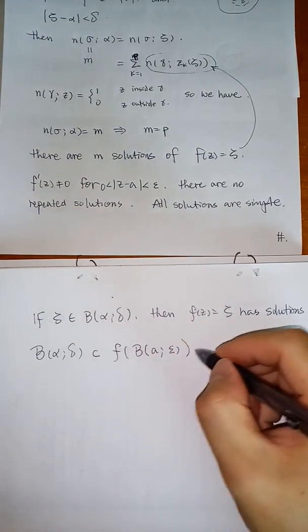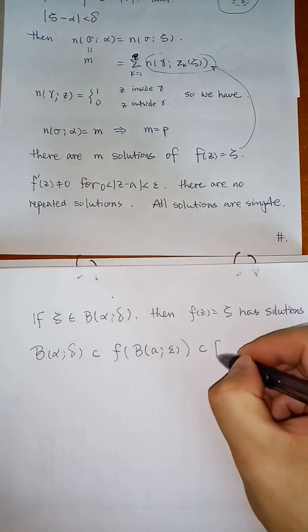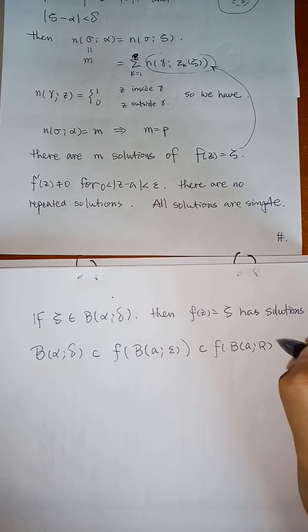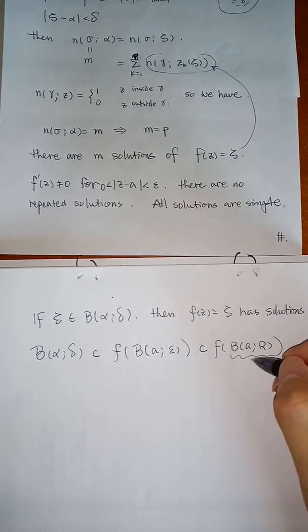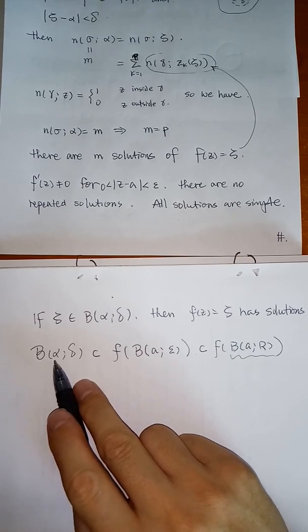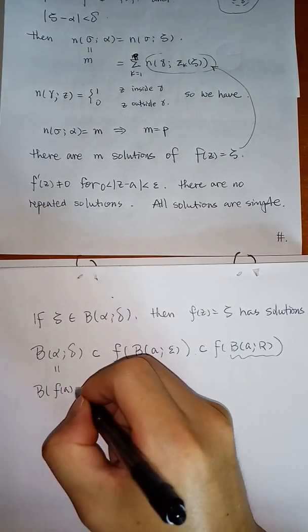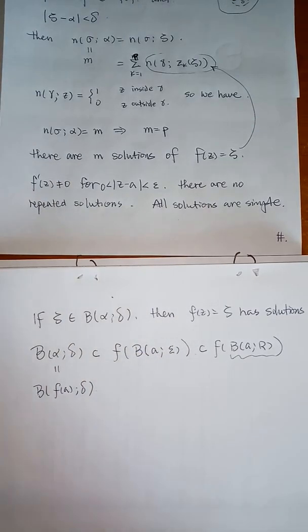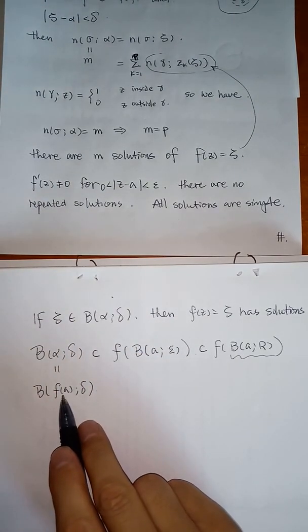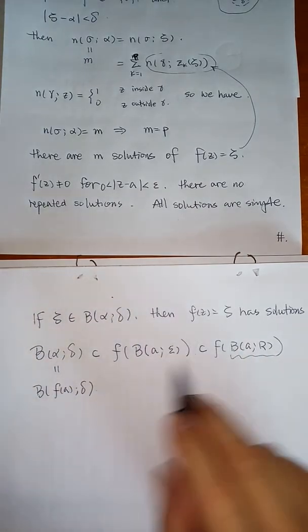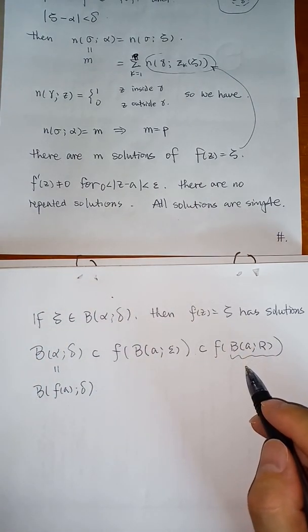It is like this. So this is the original domain. So alpha is f of A. So the image point has an open neighborhood inside the image.